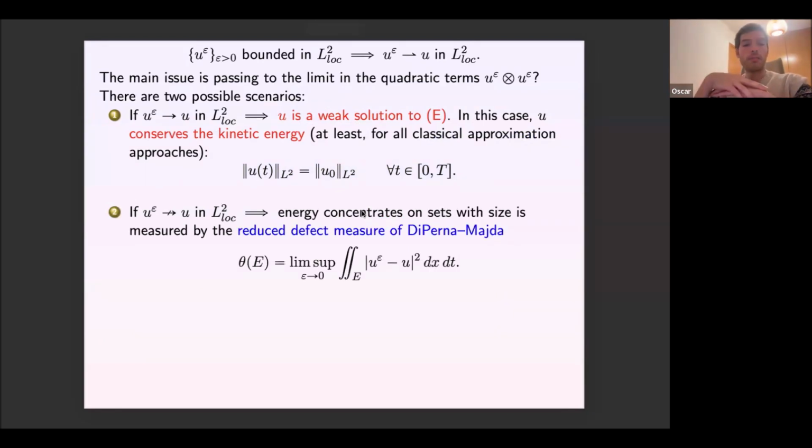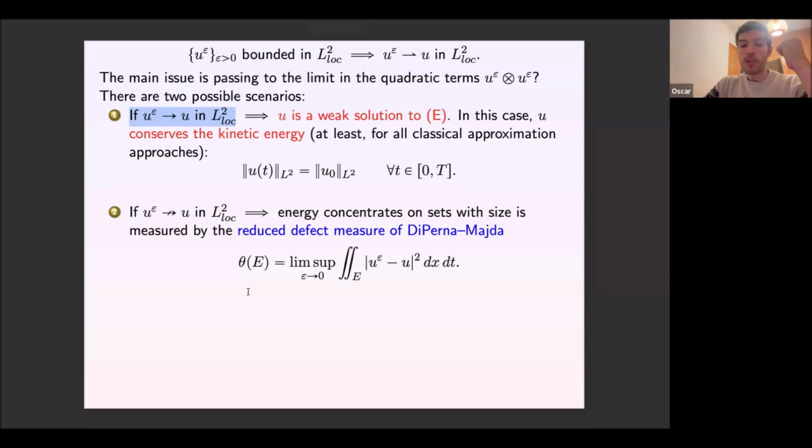On the other hand, it may well happen that this first scenario is not working. So this means that one cannot upgrade the weak convergence to a strong convergence in L2. If this is the case, then energy concentrates on sets. And the size of such sets can be measured in terms of the so-called reduced defect measure of DiPerna and Majda.